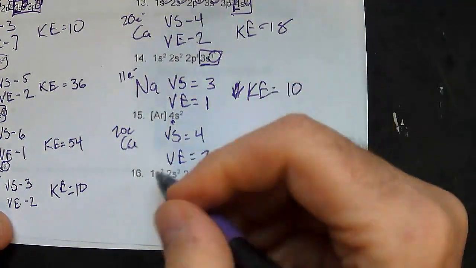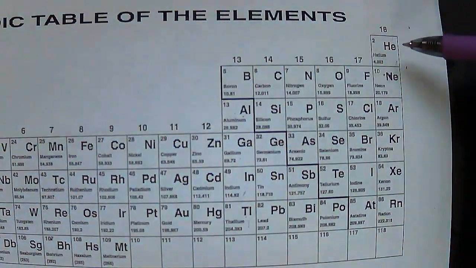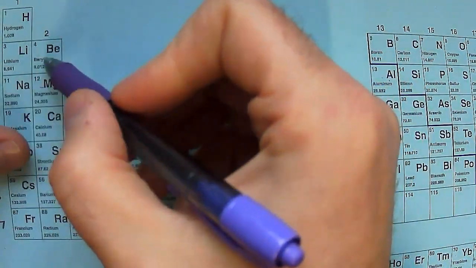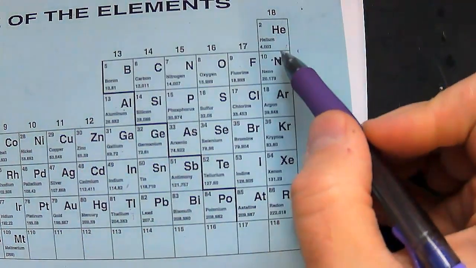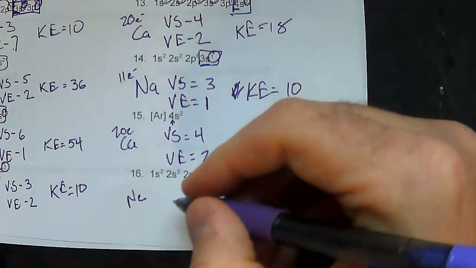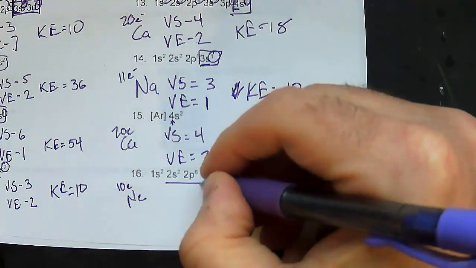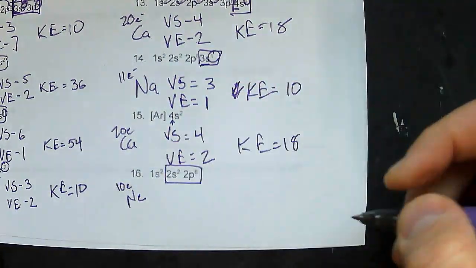Okay. And then this last one is 1s2, 2s2, 2p6. So that gets us to neon. Neon, so that's 10 electrons. So now the valence is all of those.